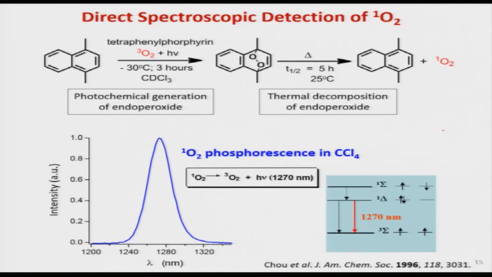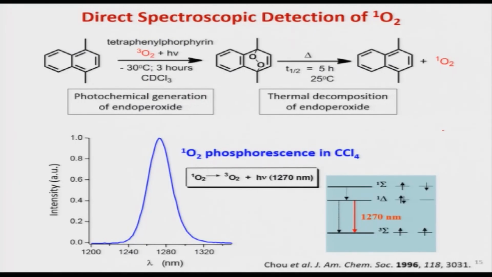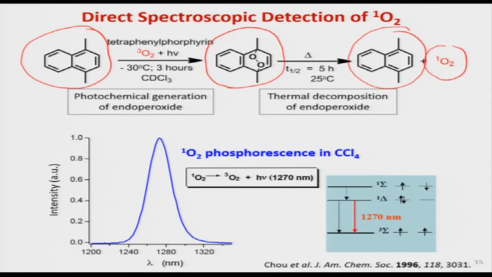You see tetraphenyl porphyrin: if we irradiate triplet oxygen with light in the presence of tetraphenyl porphyrin at minus 30 degrees centigrade for 3 hours, it will give singlet oxygen, which will react with 1,4-dimethyl naphthalene and produce this type of endoperoxide intermediate with a half-life around 5 hours at 25 degrees centigrade. It converts back to the parent molecule and releases very reactive singlet oxygen.